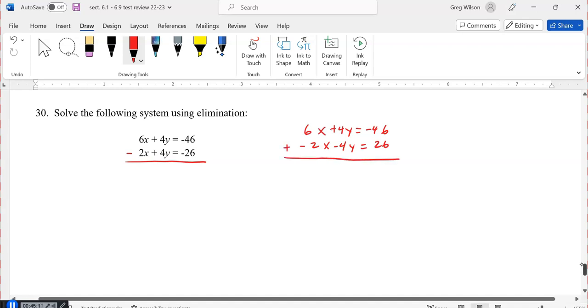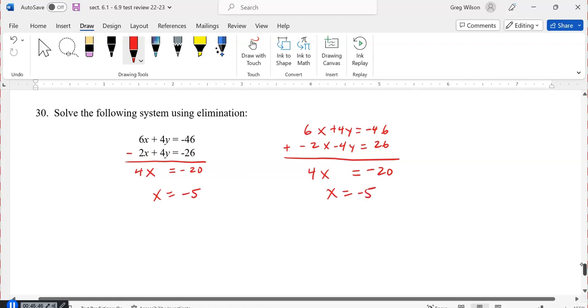Doesn't matter to me, we'll get the same answer either way. If you just left it like it is and you subtracted, 6 minus 2 is 4x, the y's would cancel, and -46, this would be plus 26, because you're subtracting a negative, would be -20. So x is -5. So over here, I'll just show you to get the same thing. This would be 4x, and -46 plus 26 is -20.